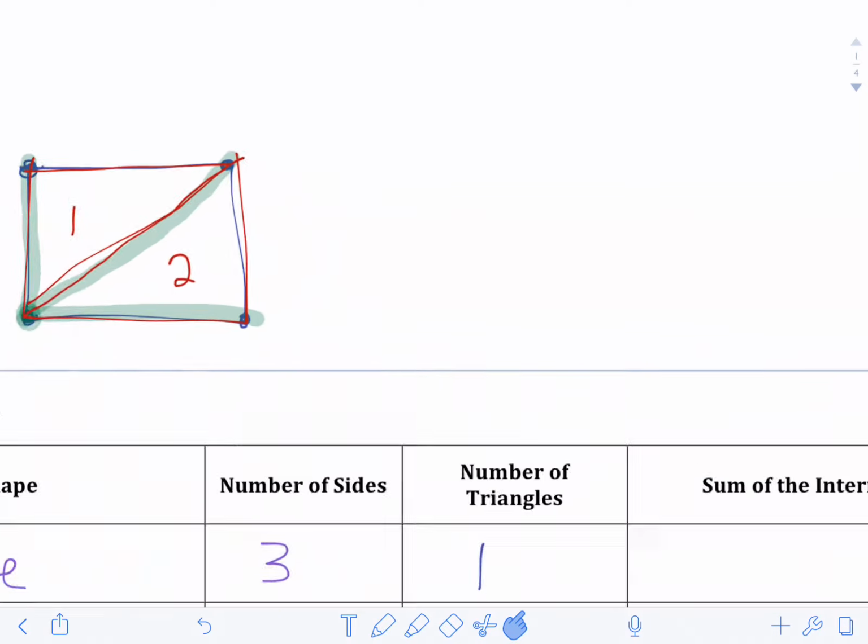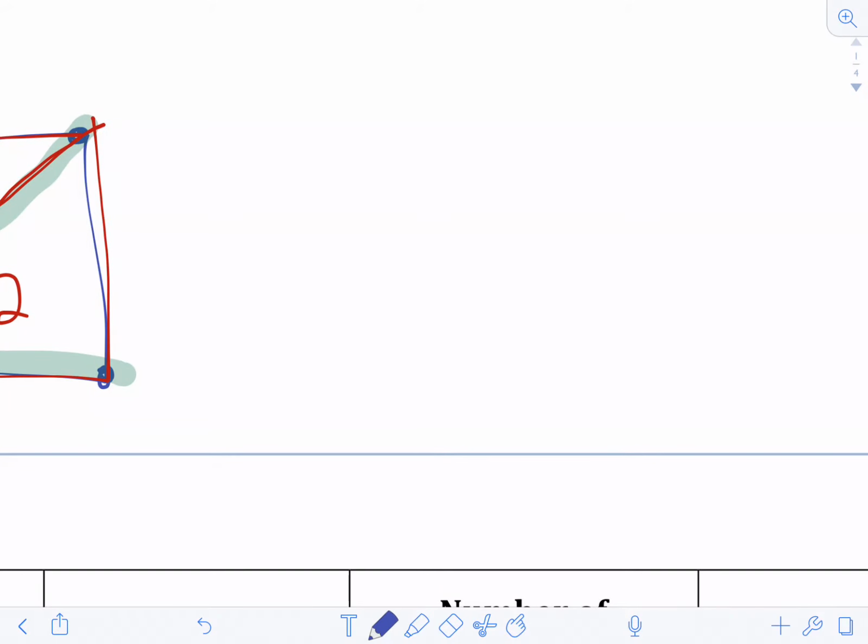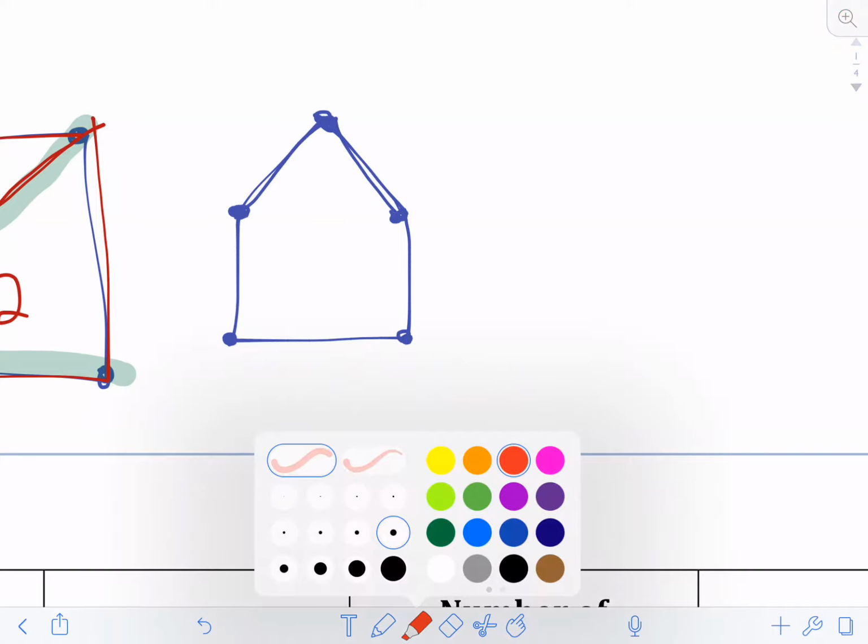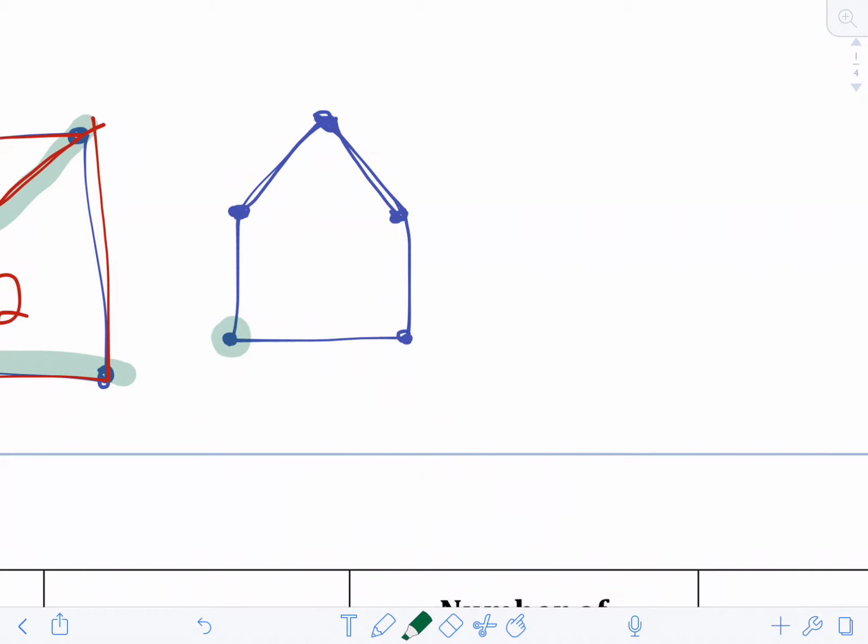Okay, next one's a pentagon. So there's 5 sides. And it's okay if your picture is as horrible as mine. So what you do is you pick 1 vertex, and you connect all your vertices to the one that you pick.